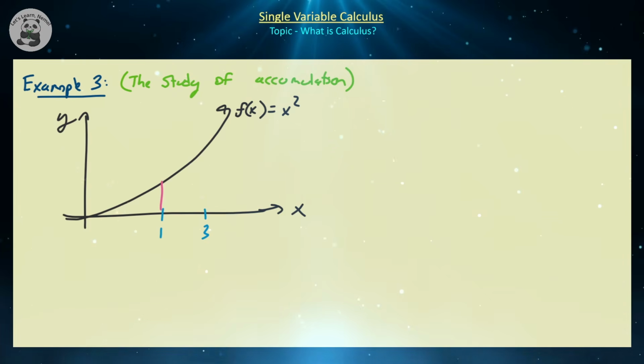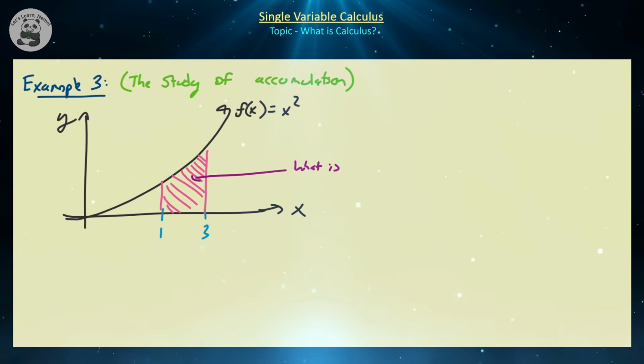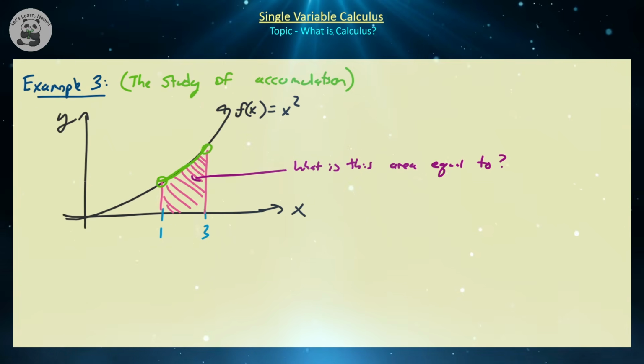And let's consider the area underneath that curve. So a natural question is, what is this area equal to? Now obviously one could look at this shape and say, well, it sort of looks like a trapezoid, but the side of this trapezoid is slightly curved.